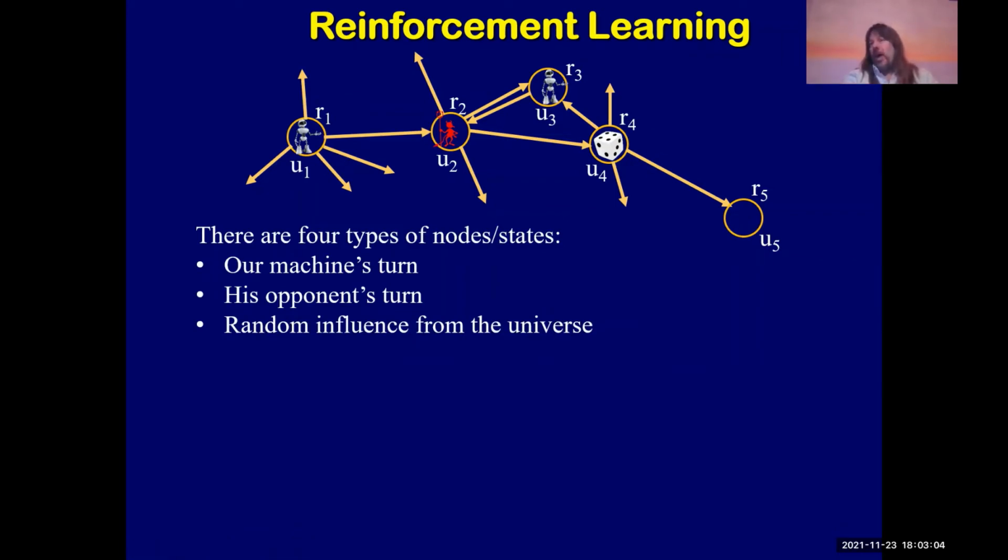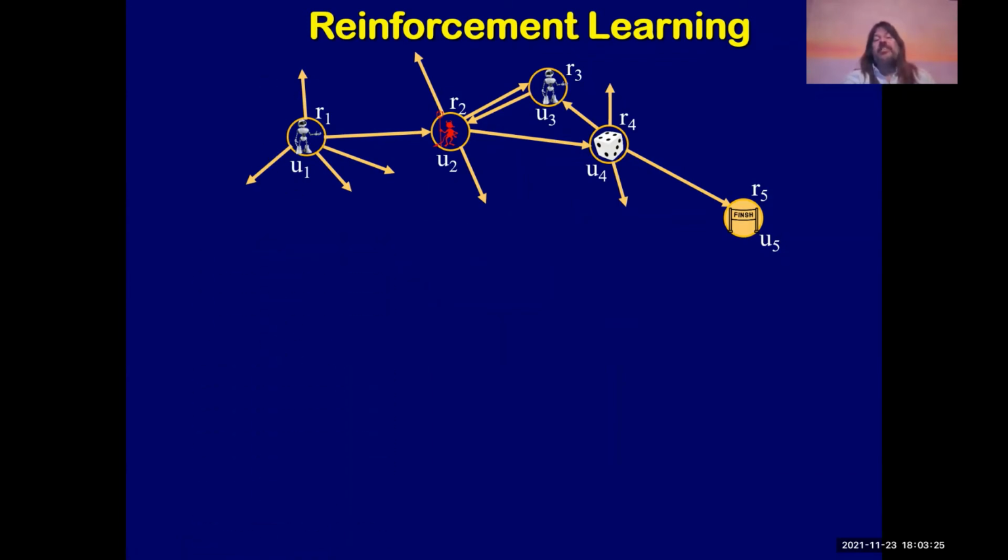If we're playing Monopoly, then some dice need to be rolled. And then in some states, the game's over and we stop. So those are the 4 types of nodes that we need to be worrying about, and so let's talk about each of those types of nodes.